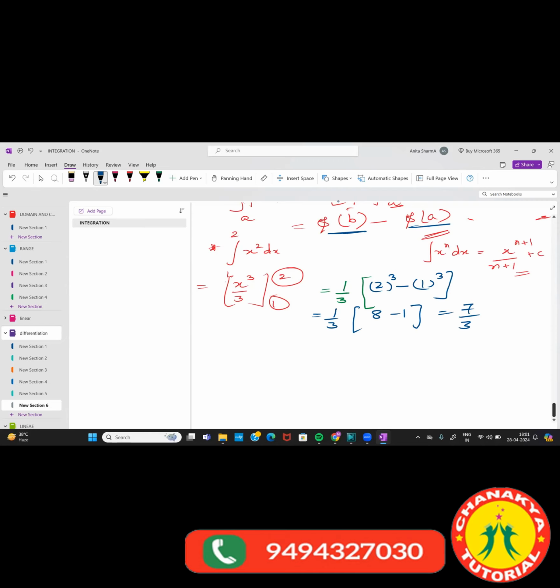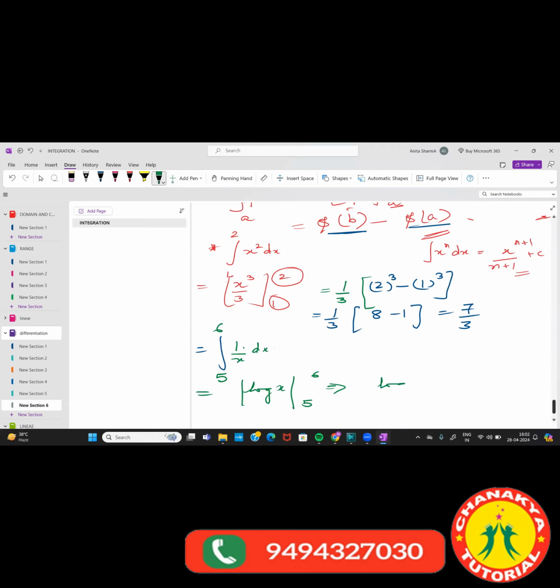Suppose that you have to integrate 1 upon x. Not log x, 1 upon x. Otherwise, we have to apply the product rule. So integration of 1 upon x, and you have to integrate from 5 to 6. So integration of 1 upon x is log x, from 5 to 6. So firstly, you will put the upper limit in place of x.